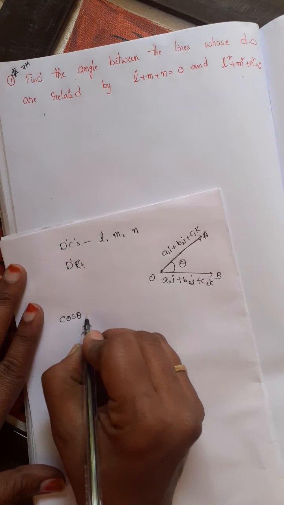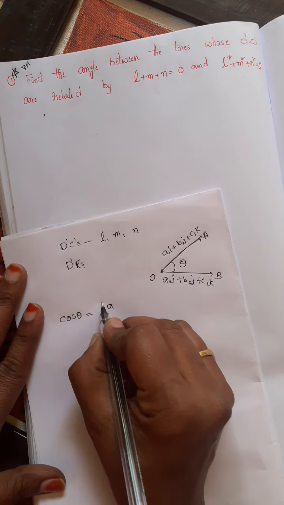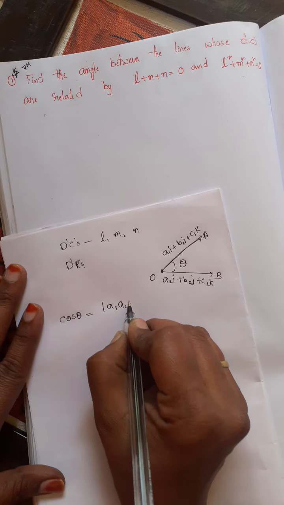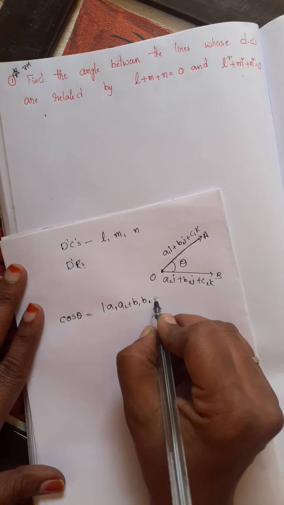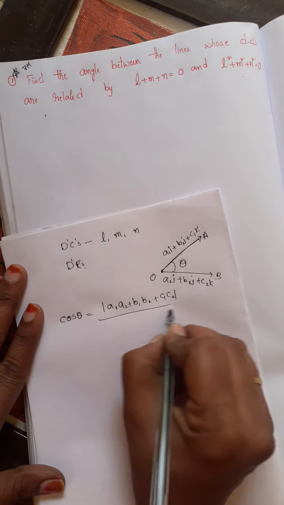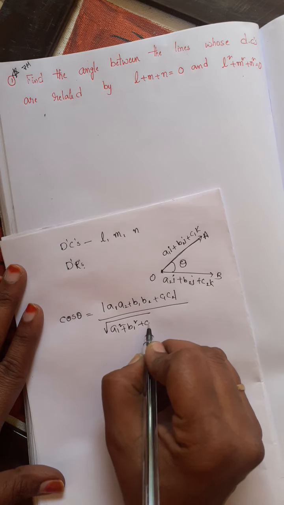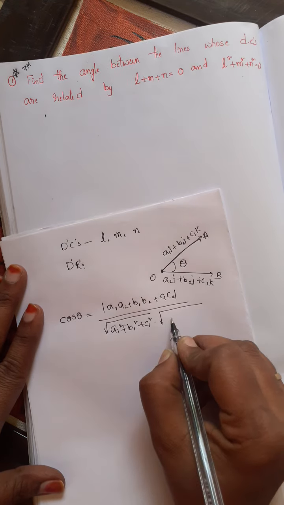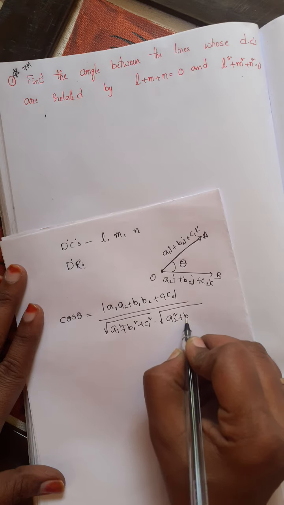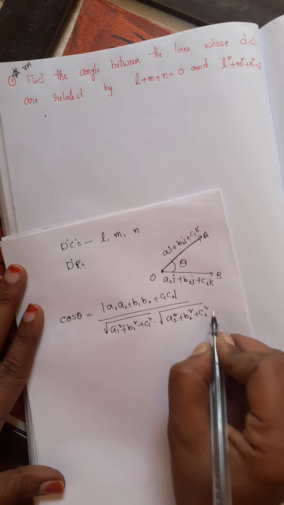Cos theta is given by cos theta is equal to modulus of a1 a2 plus b1 b2 plus c1 c2 by under square root of a1 square plus b1 square plus c1 square into under square root of a2 square plus b2 square plus c2 square.